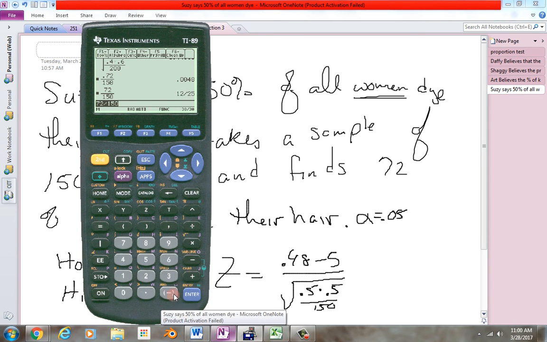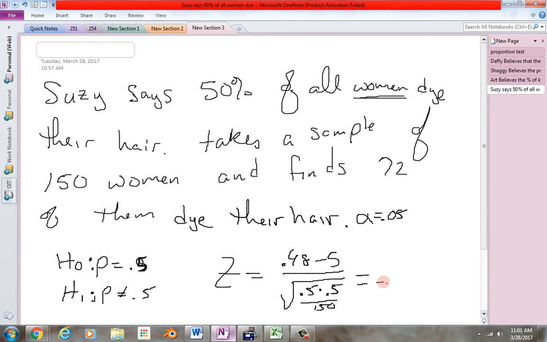And so when you subtract on top, of course, you're going to get negative 0.02 divided by the square root of 0.25 divided by 150, right? And you will get negative 0.489 for a z-score.